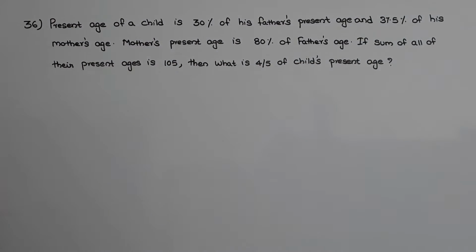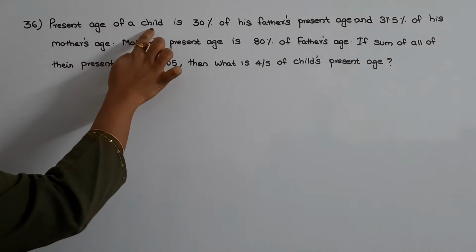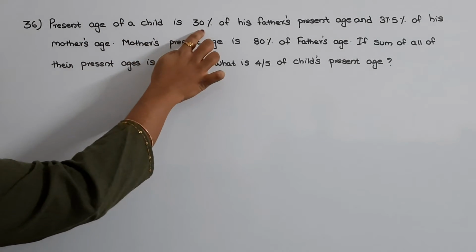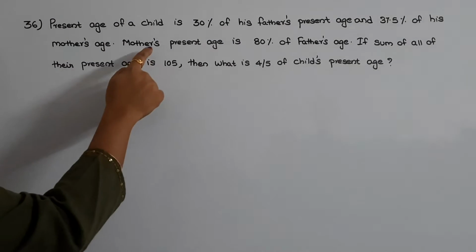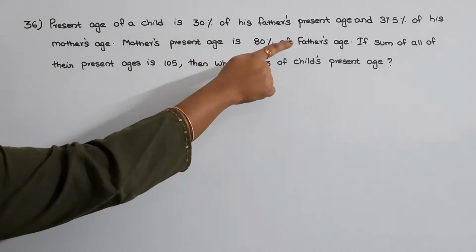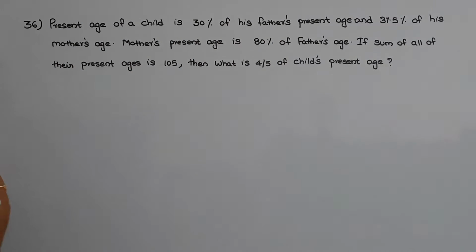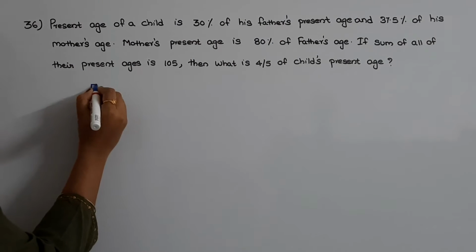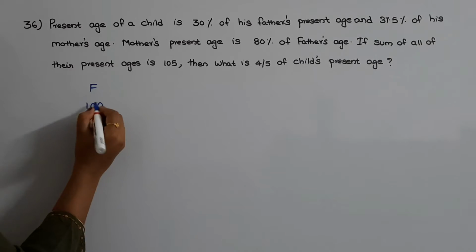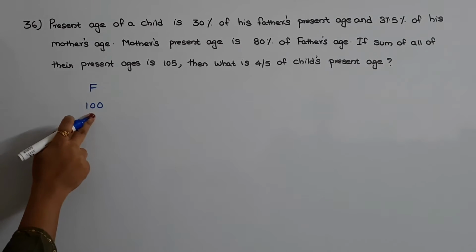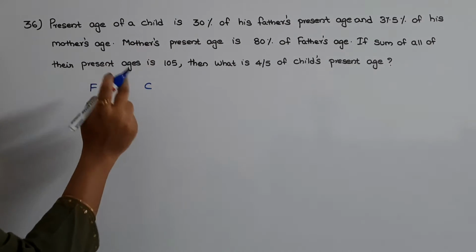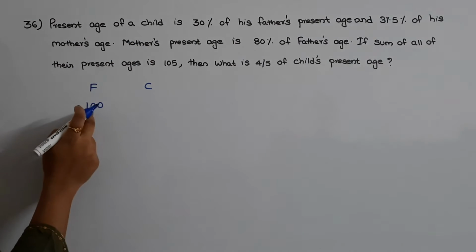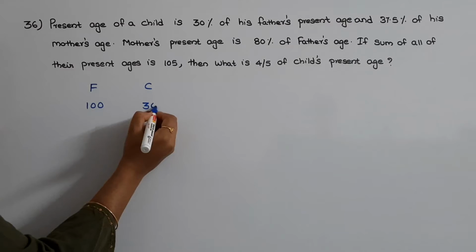In this question, they are telling that child's present age is 30% of father's present age, and mother's present age is 80% of father's present age. So let us assume father's present age as 100. If father's age is 100, child's age is 30% of father's age, so 30% of 100 is 30.